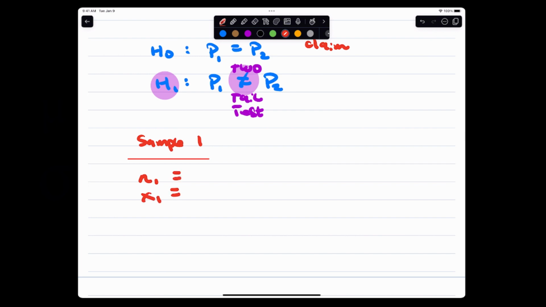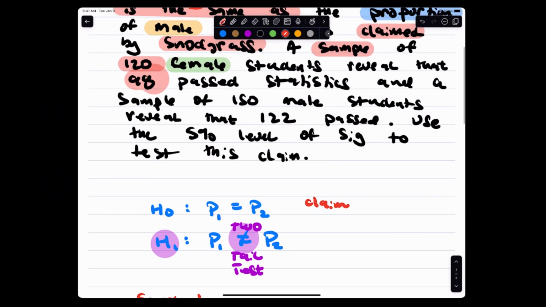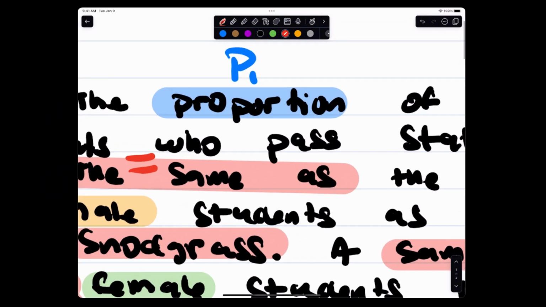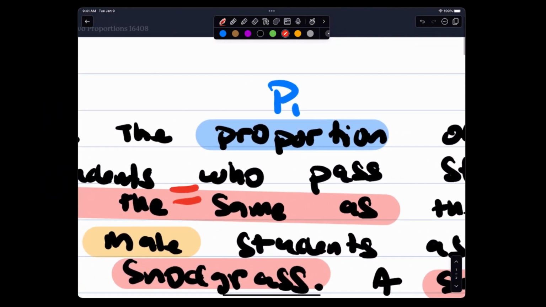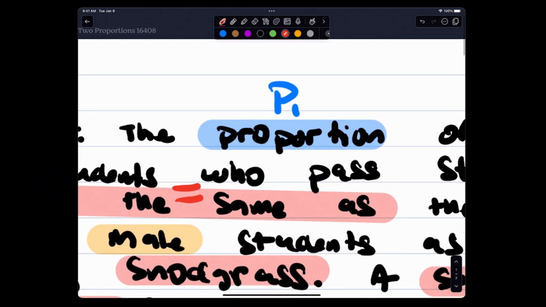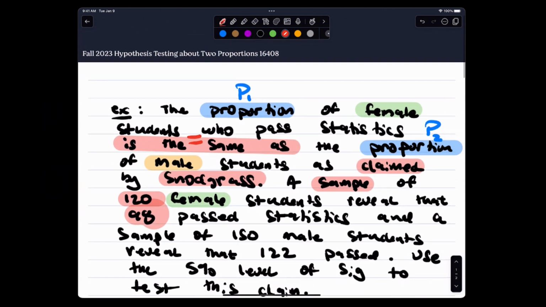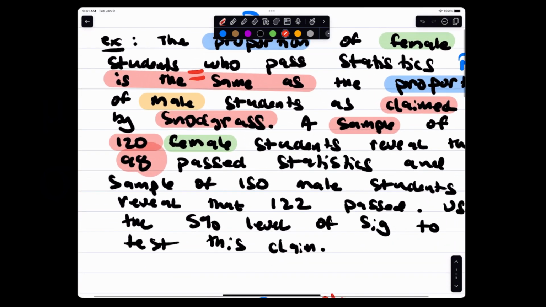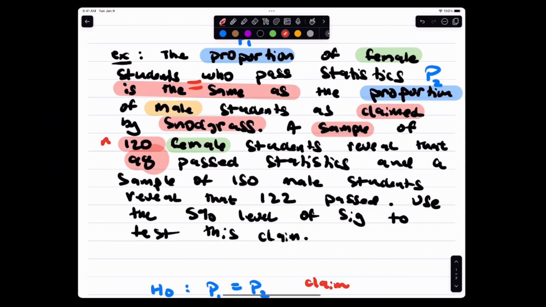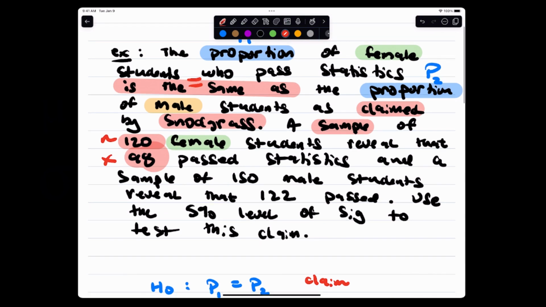Why am I saying N and X? Did you see the word mean anywhere or standard deviation anywhere? No. Why not? Because this is about a proportion. Percent, probability. Now, N and X: 120 and 98.